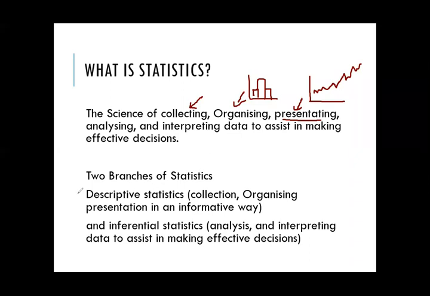The first branch is the descriptive statistics, where we are dealing with collecting the data, organizing it, and presenting the data in an informative way. So in descriptive statistics, we will end up having some pie charts, where we have the proportion of males as to females. Maybe a pie chart on the dropout rate, or the number of students that have dropped out at the basic school level, based on gender.